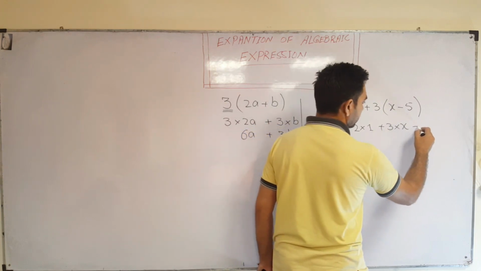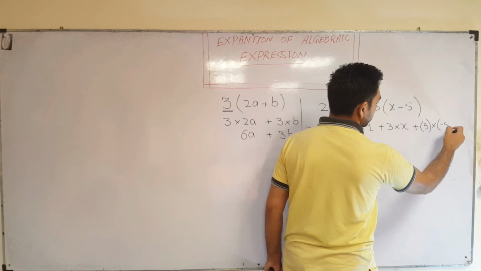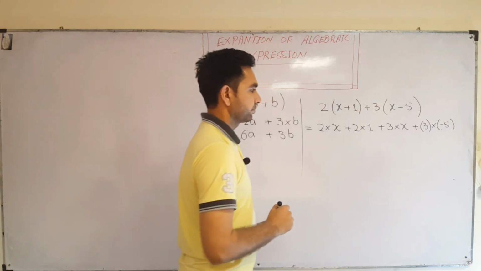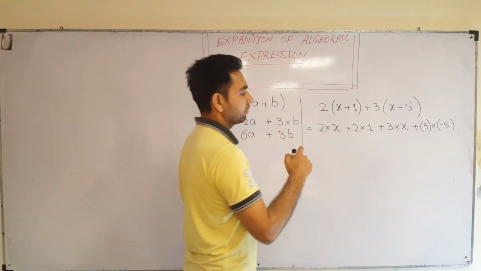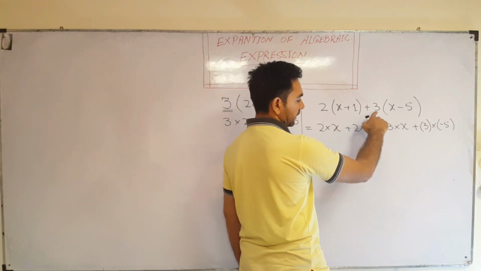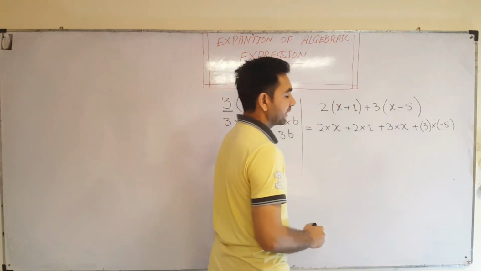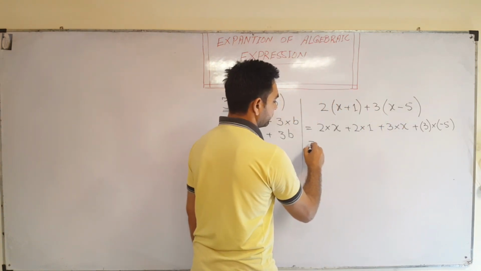So you can write down plus 3 into minus 5, because the signs matter in the multiplication. The signs do matter.